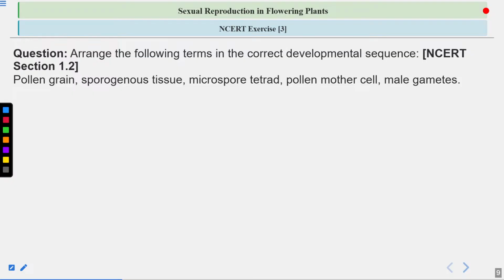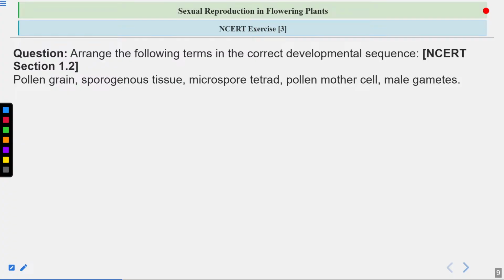The next question is very important. Arrange the following terms in the correct developmental sequence. If you are clear about microsporogenesis or megasporogenesis, then you can make a sequence of the cells that are formed in the process.